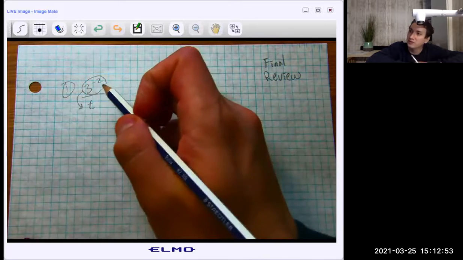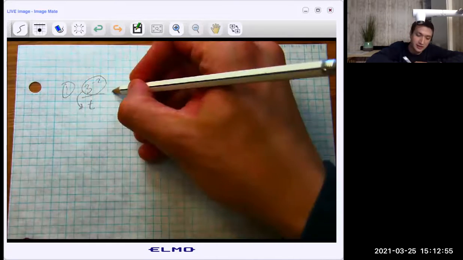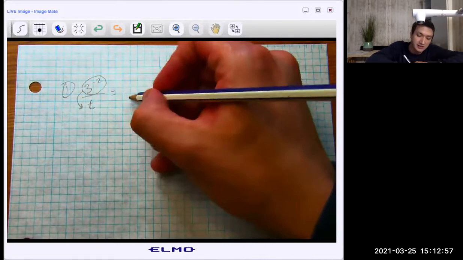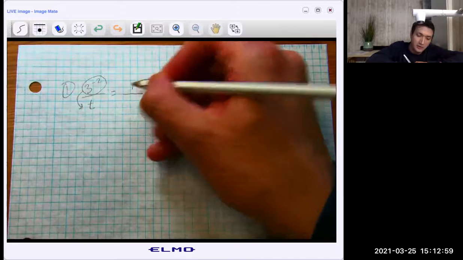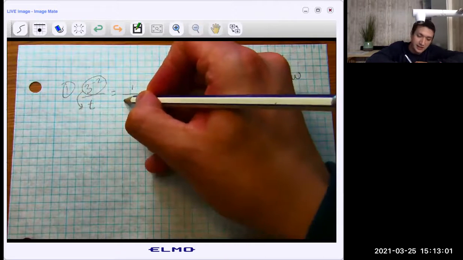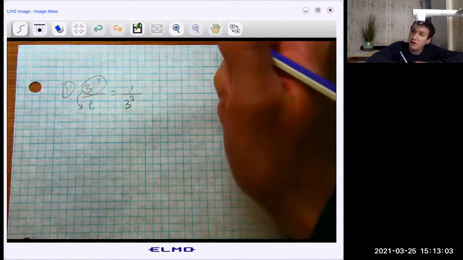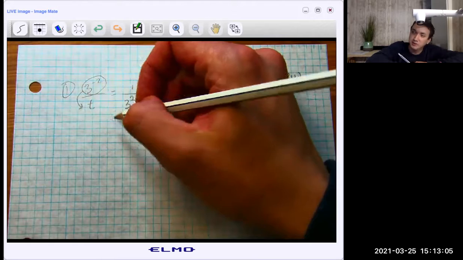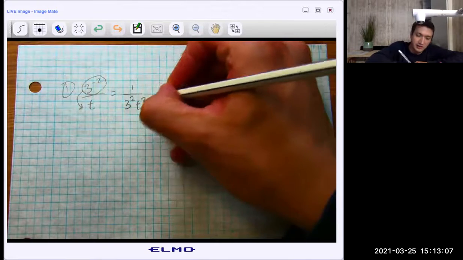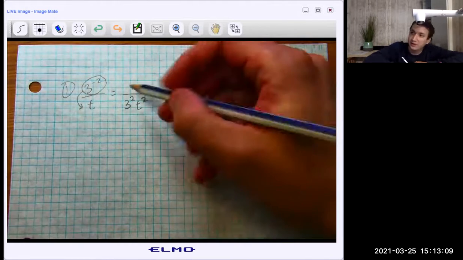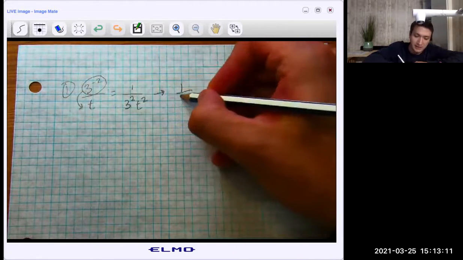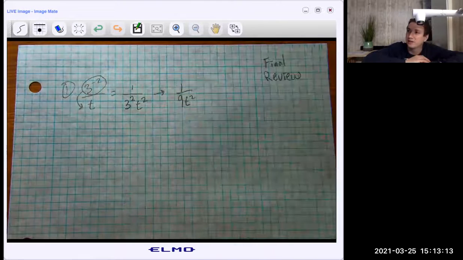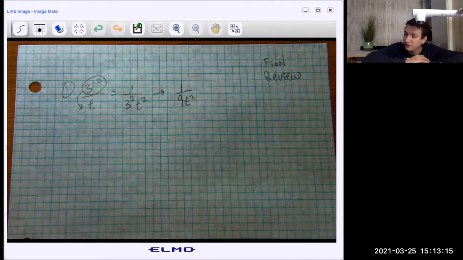So we're moving it and we're changing the exponent. When I move it below, I have a 1 left on the top, and down here I change my exponent to a +2 since the base moved, and then the t is there as well. Now all we have to do is simplify the 3 squared, which is going to be 9. So that's how you deal with negative exponents.